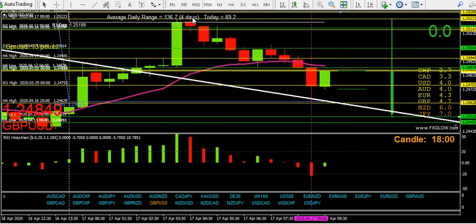You do not want to be entering long way away from it, unless obviously you've broken some sort of massive level like R1 and you're considering trading R2, but that's more advanced stuff. So if you just cross below then and everything's telling you to go short, then that's what you should be doing.